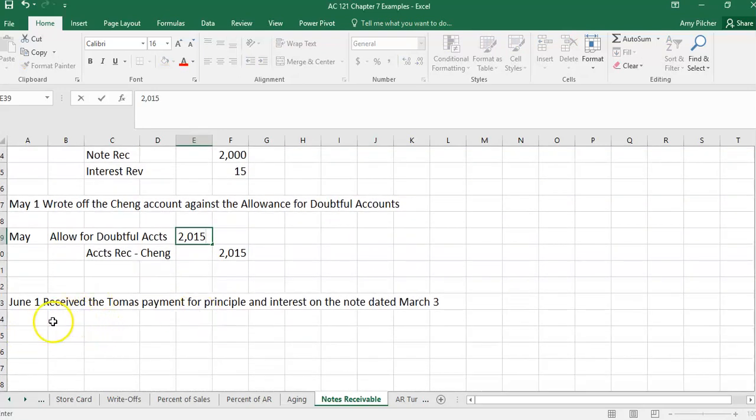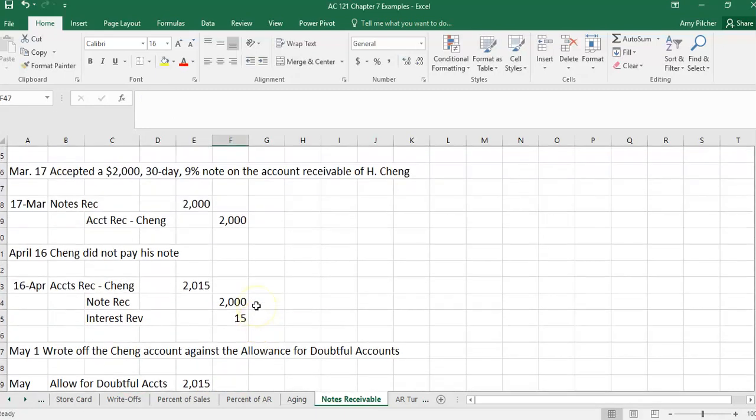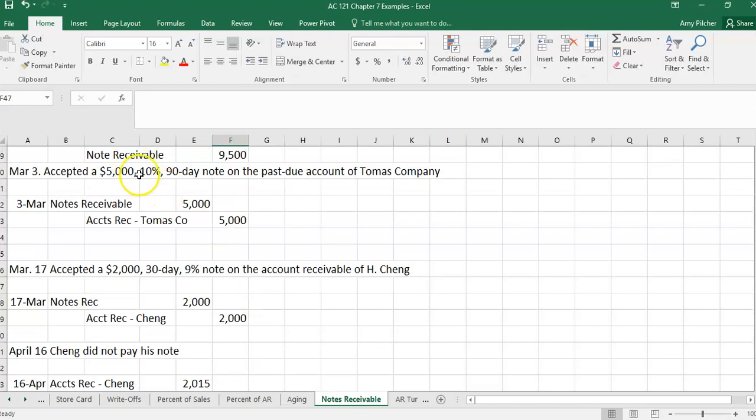On June 1st, we received the payment for that Thomas note. So we received cash. We're going to have interest revenue, and we're going to remove that note receivable from our books. So that note was for $5,000.